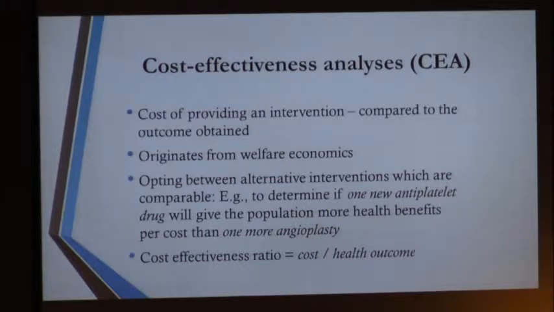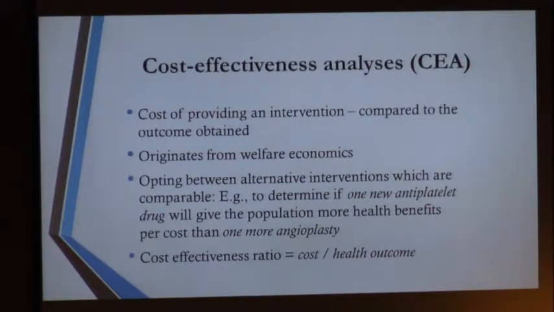So with this background, we embarked on this cost effectiveness analysis, and we took cardiovascular illnesses as an example. So you all know that cost effectiveness is opting between alternative interventions. You can see whether a new antiplatelet drug is giving more health benefits than one more coronary angioplasty.